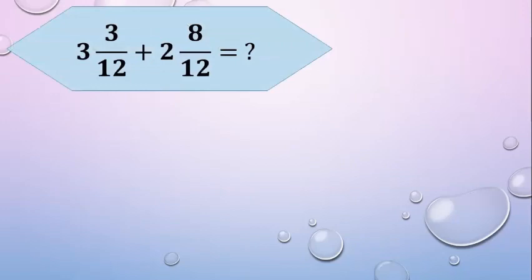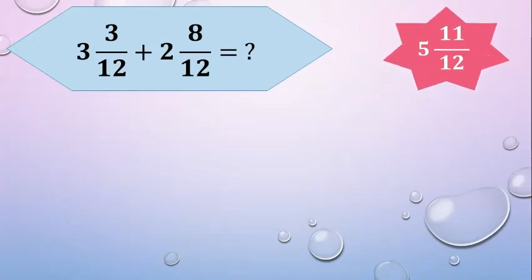Okay. Answer this. 3 and 3/12 plus 2 and 8/12. Then second round. So your answer is, okay, very good. It's 5 and 11/12.